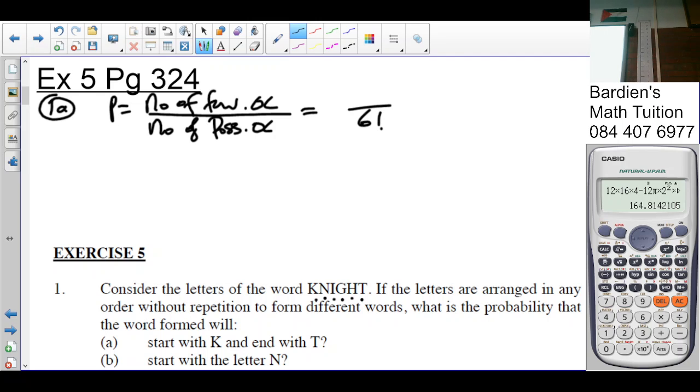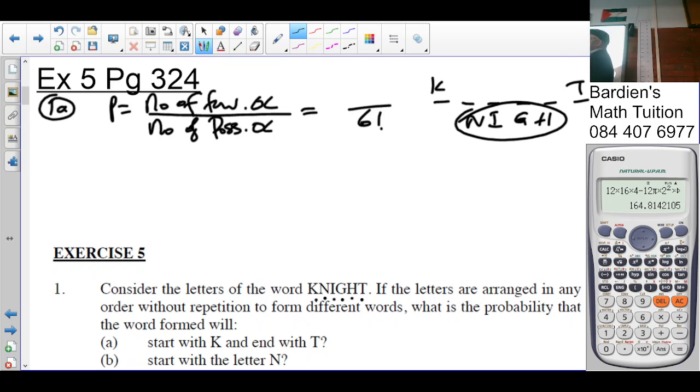That's your possible outcomes. The condition is, it starts with the letter K but ends with the letter T. So what are we left with? We are left with NIGH, not so? So what is the arrangement? How many ways can that be written? 4 factorial ways. How many repeated letters are there? 0.